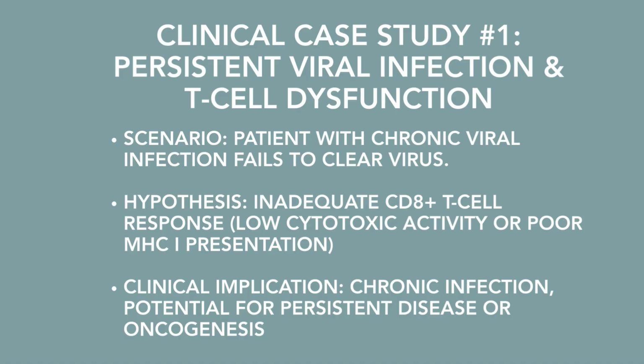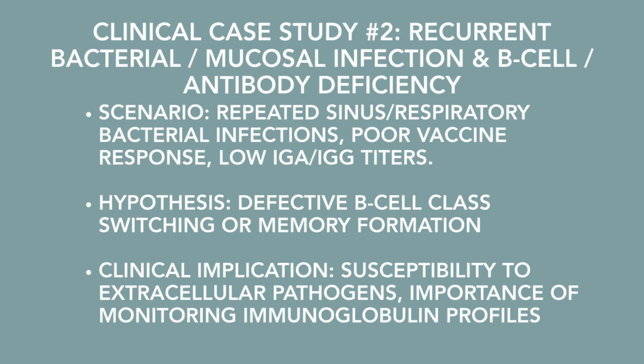Next, we're going to explore a case study involving the B cell and antibody deficiencies. Case study two is a B cell dysfunction. In this case, a child experiences recurring bacterial infections and low IgG and IgA levels. The findings are consistent with a defect in class switch recombination.